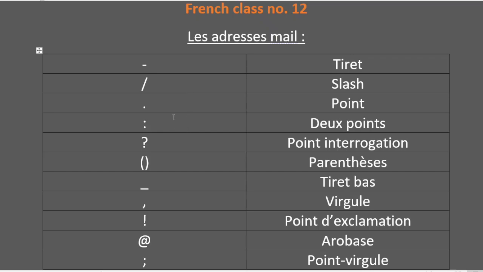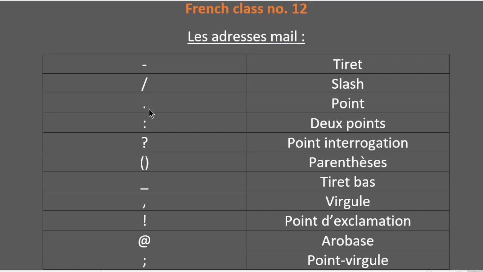Some of the symbols that are used in email addresses include the following. Here we have a hyphen. A hyphen in French is tiret. A slash is basically the same as in English, slash.